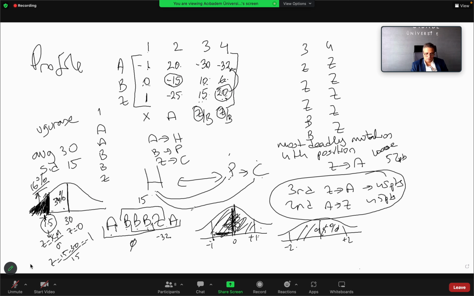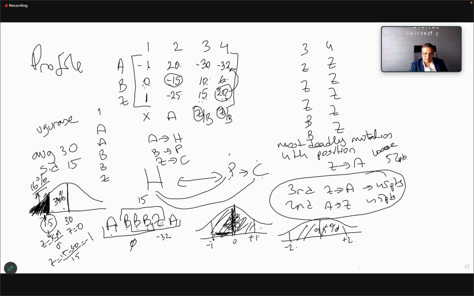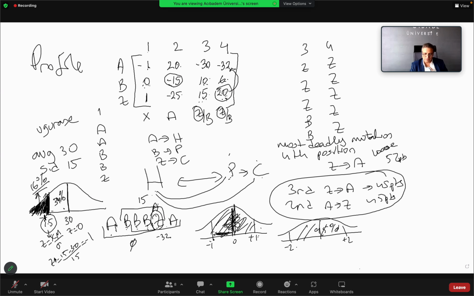So, where do you get this 15 from? B at position 1 gives you 0. B at position 2 gives you -15. B at position 3 gives you 10. And Z at position 4 gives you a score of 20. But if you change the Z to an A, what happens?